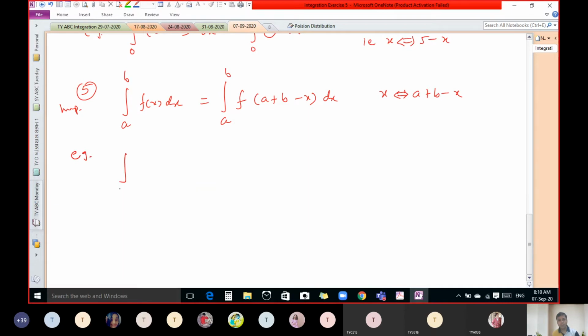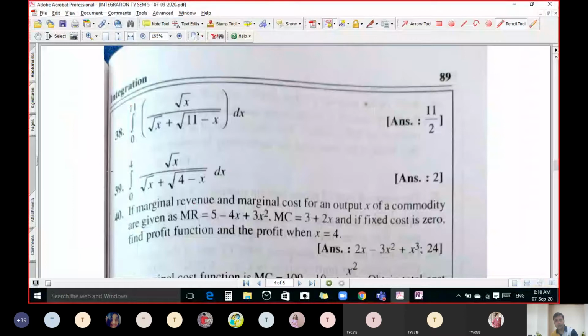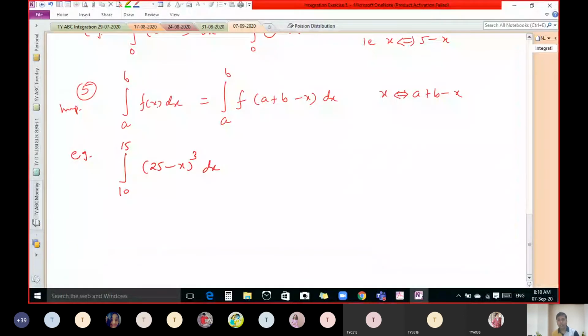So see, if you use the same property for this question, our question number 37, 10 to 15, (25 minus x) the whole cube dx. So you can use this property. In place of x you can write 10 plus 15 minus x.